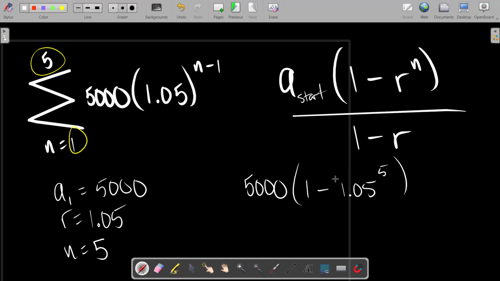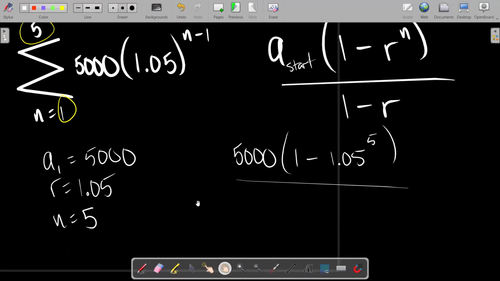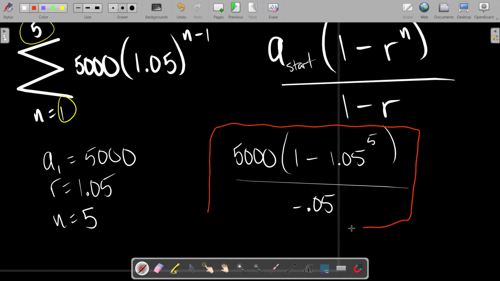So please make a note of that, that the n is in there only on the r. And then we're going to divide by 1 minus r. And I feel like that's math I can probably do, you can probably do with me. What's 1 minus 1.05? Negative 0.05. So this red box indicates what we will type into our calculator. We've long since left now the realm of thinking we would want to do this in our heads, right?